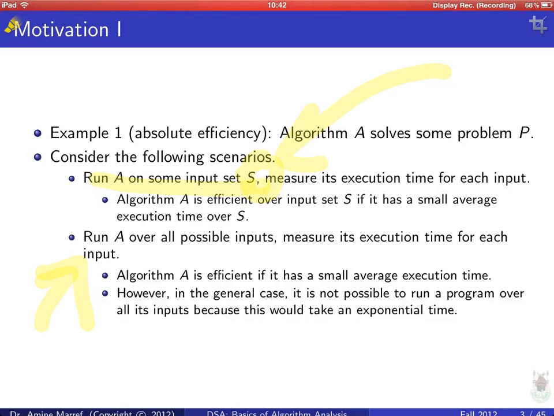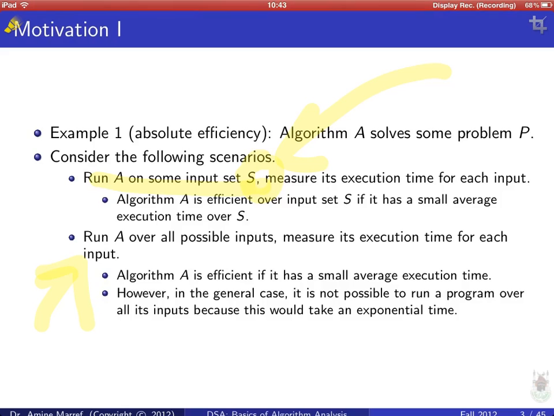Let's say there are only 1 million different inputs for this problem, and we find two algorithms, A1 and A2, that solve it for us. So we execute each of them for each input of the input set, i.e. 1 million times. Which of the two is better?